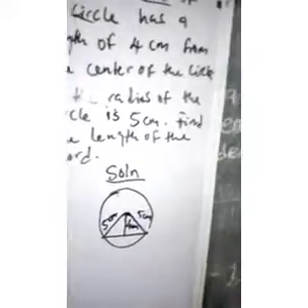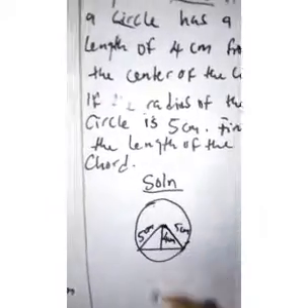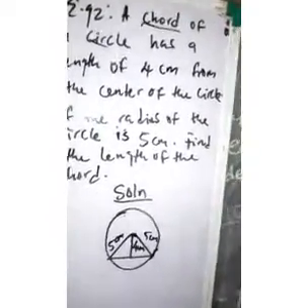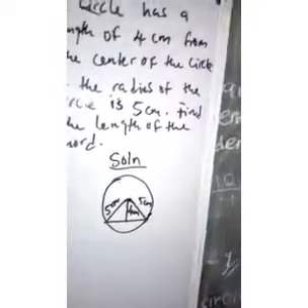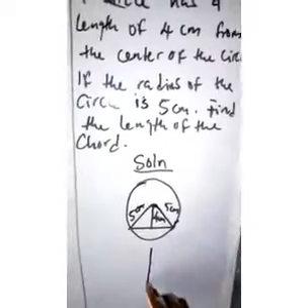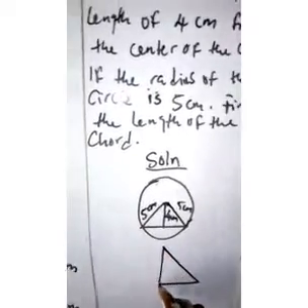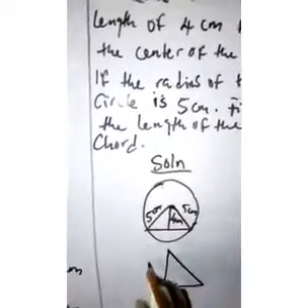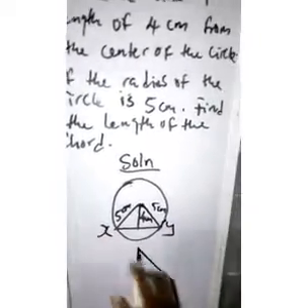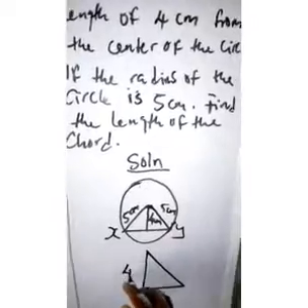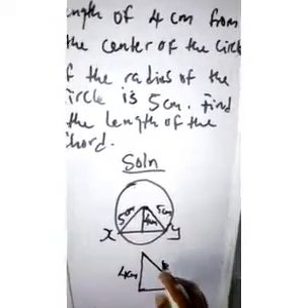Now if the radius is 5 cm, find the length of the chord. How are we going to solve this one? Bring out that triangle again. Slash out one triangle of your choice. Now let me name the place XY. Here is 4 cm, while here is 5 cm.